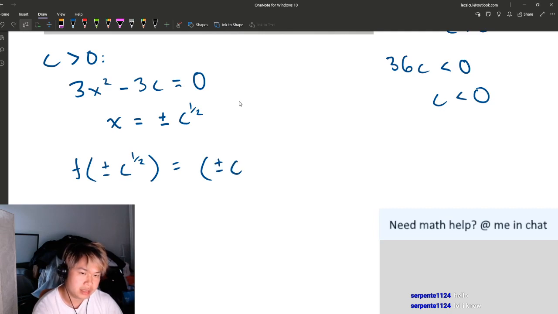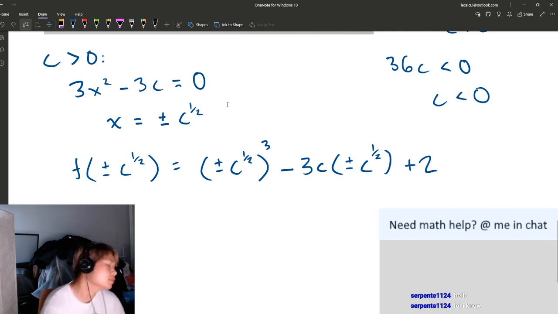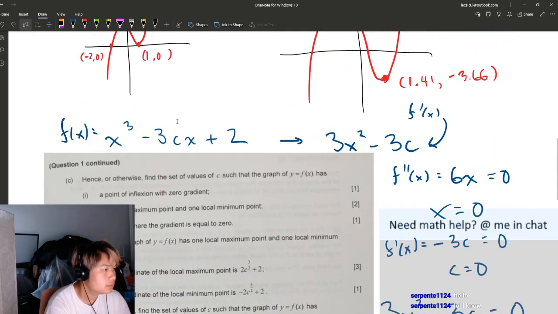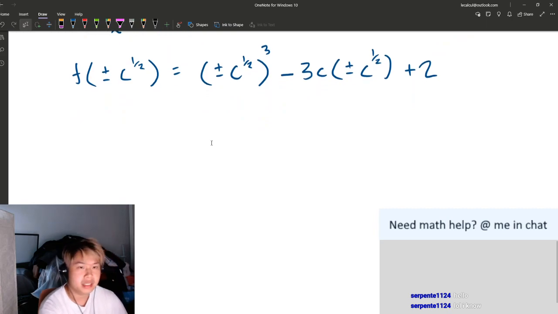So plus and minus c to the power of 1/2 cubed minus 3c times plus or minus c to the 1/2 plus 2. Yeah, this is the original function. And then continue evaluating. If you cube a positive or a negative value, it will stay positive or negative.